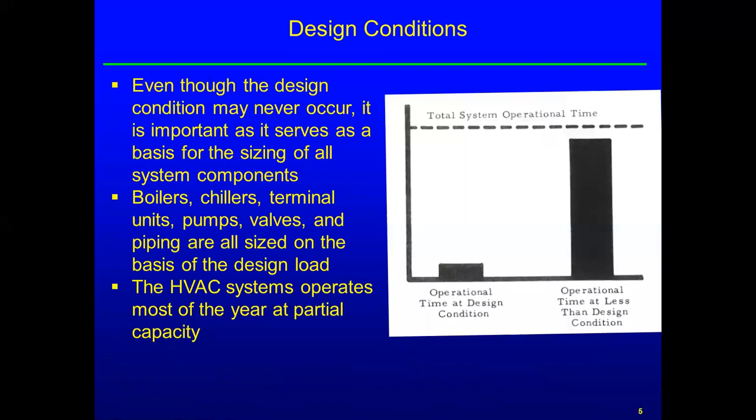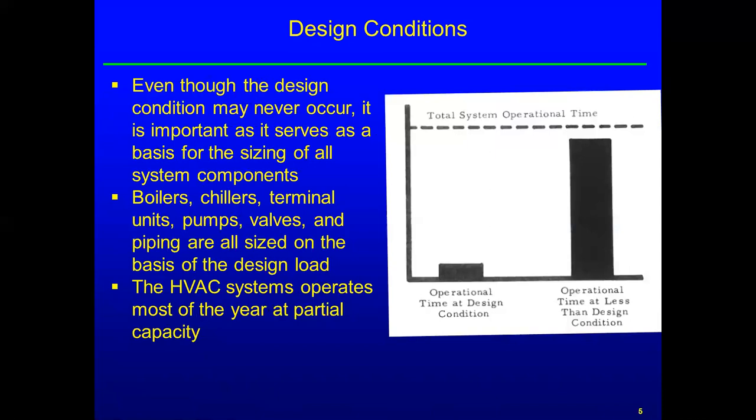So even though the design condition may never occur, it's important because it serves as the basis for sizing all your system components: boilers, chillers, terminal units, air handlers, coils, pumps, valves, piping are all sized on the basis of the design load.